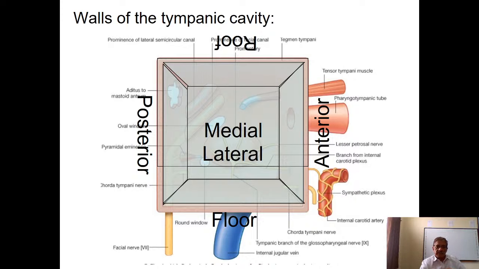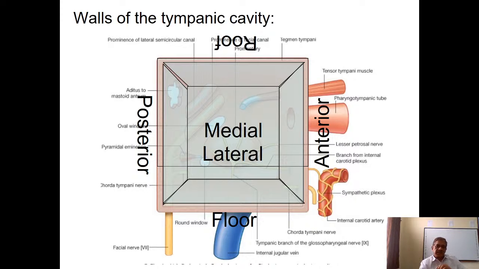Just above the Eustachian tube, there is another canal which is for the tensor tympani muscle. There is a shelf-like partition between the Eustachian tube and the tensor tympani.